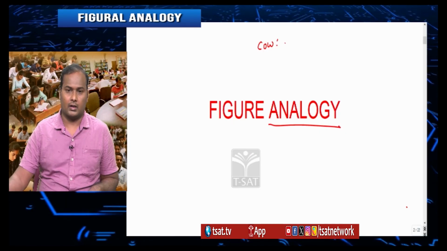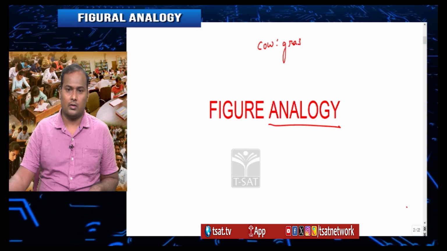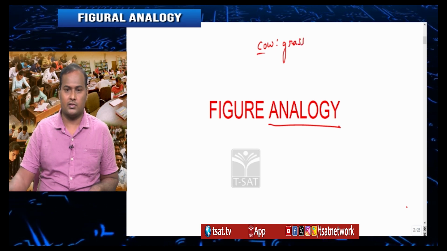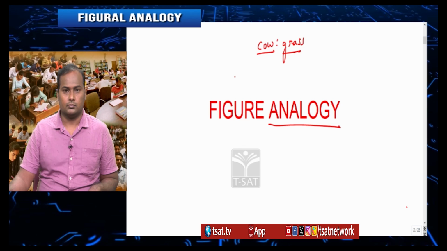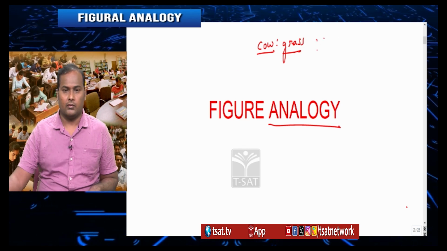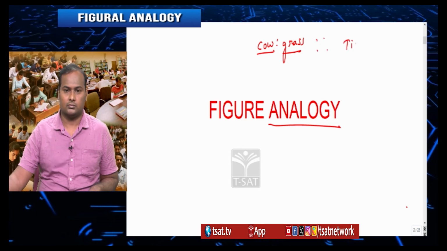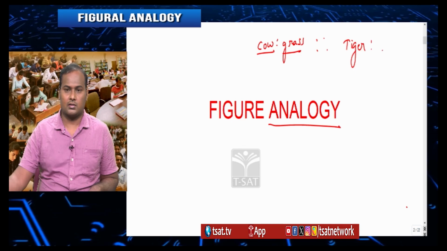For example, cow and the word grass. If you see the two words, what is the relationship that you can establish between the two? In the same way, you will ask the tiger, and you will ask the what.